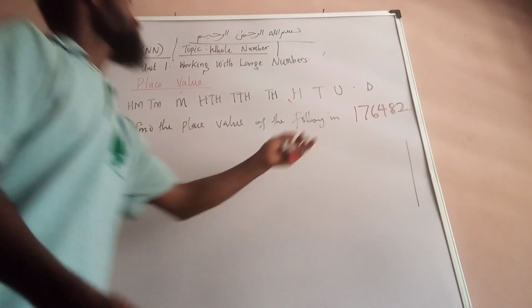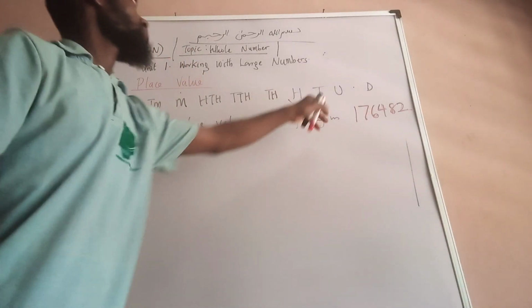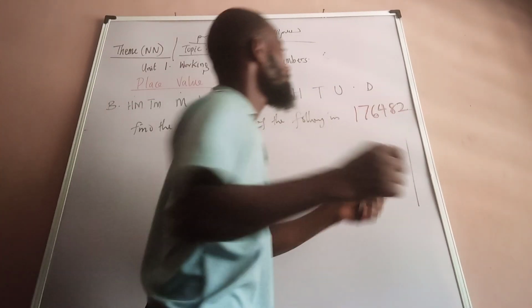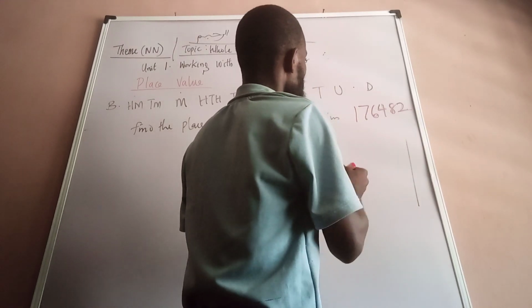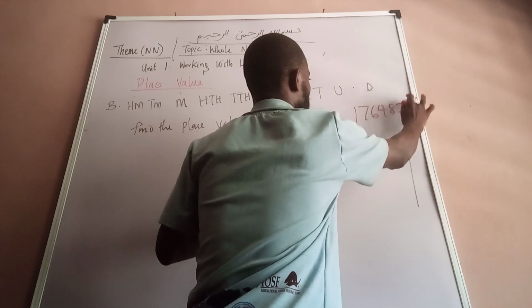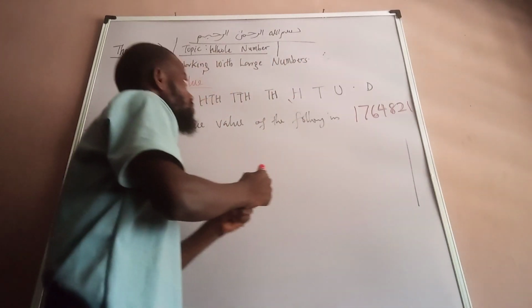We start from here. But because we don't have dots, you just make sure that everything comes one to one here. 1, 7, 6, 4, 8, 2, 1. There is 1 here. Good. So we now start from here.